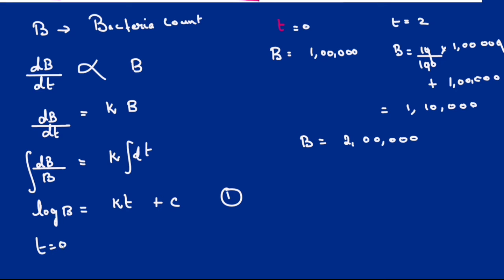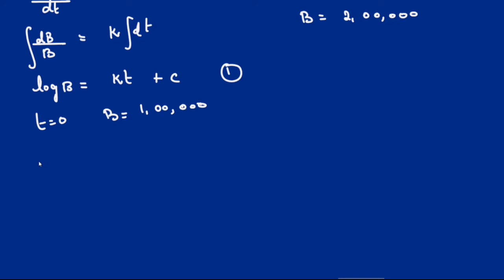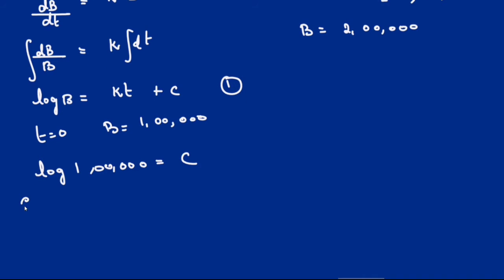T is 0, B is 1 lakh. So put T is 0, you will get log 1 lakh is C. So that means equation 1 becomes log B is kt plus log 1 lakh.